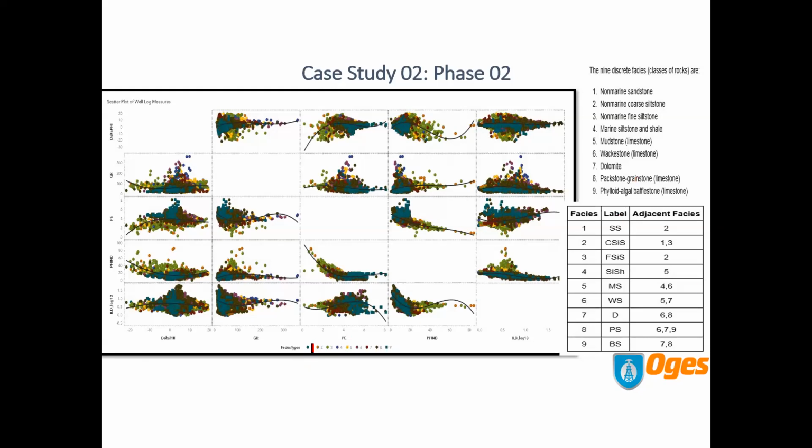Now, by looking at the color scheme and through this scatter plot, and these are the different variables or type curves within the well logs, and we have those 5 well logs, you can see a distribution and even a fit. This is like the best fit of the distribution of the different gamma ray logs across the different facies types.